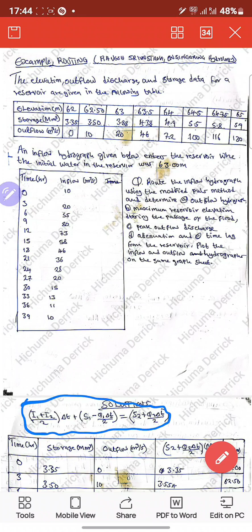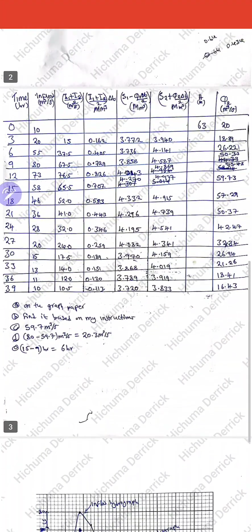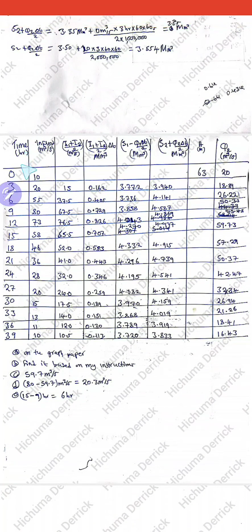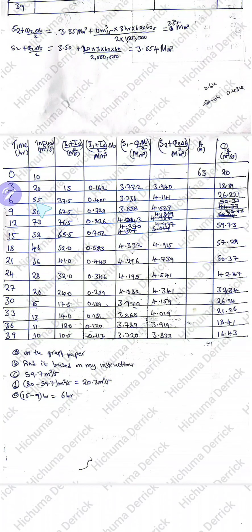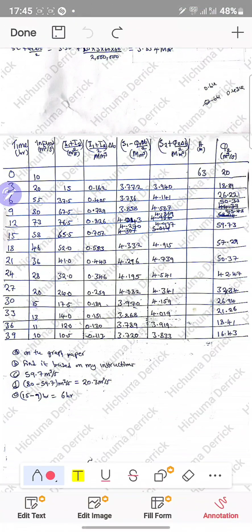And that's the beauty of the table. So we have our time here, we have our inflow hydrograph. These are the things that were given in the question. But then in the formula we have this, we have this, and also we have this.